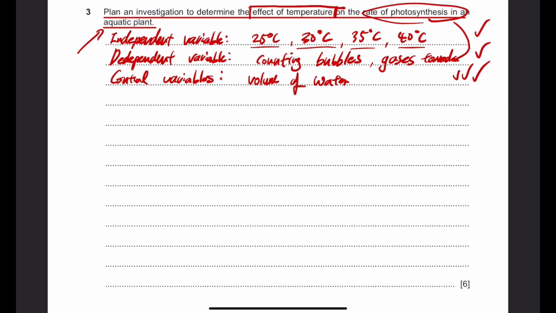And also pH is an easy one to remember, pH of water. And since we're using plant or organism, we have to keep the species the same. And probably the size as well. And masses should be the same as well. I can say mass of plants.